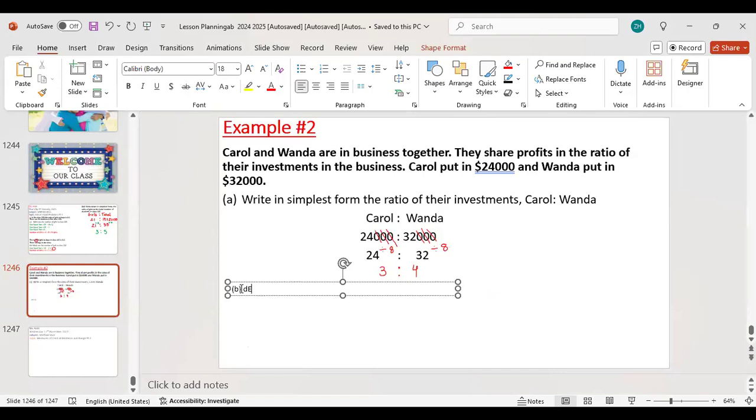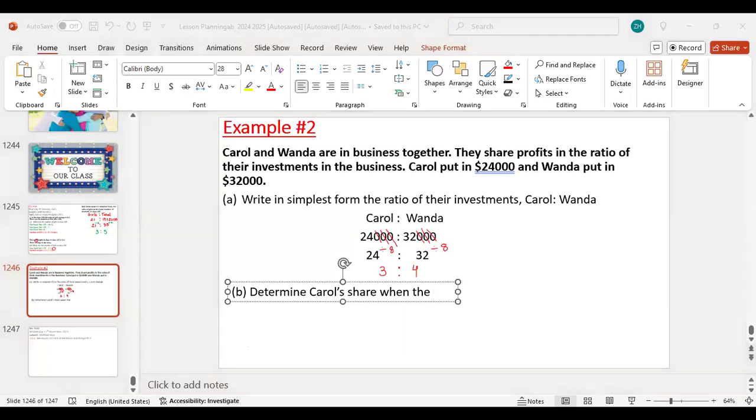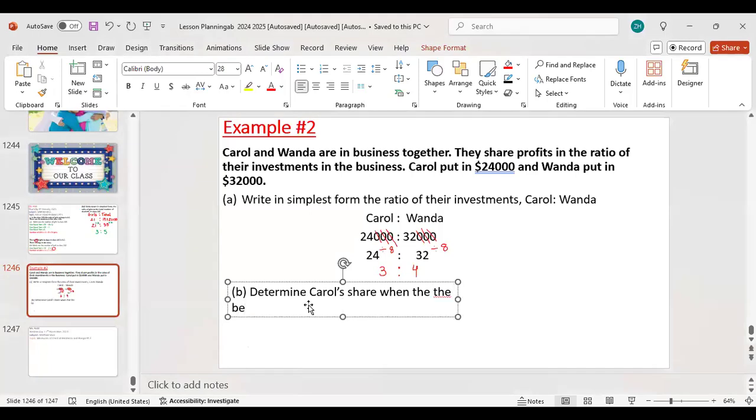So we want to determine Carol's share when the business made a profit of 25,200.